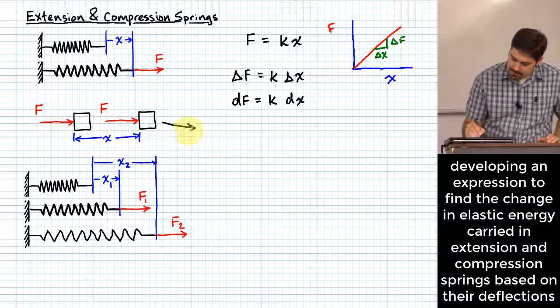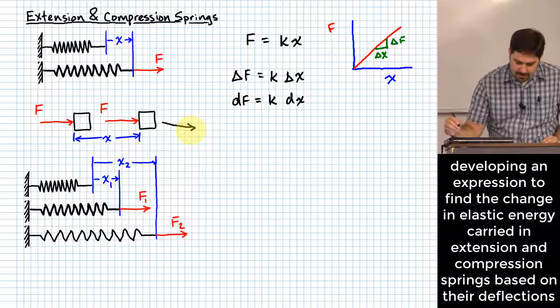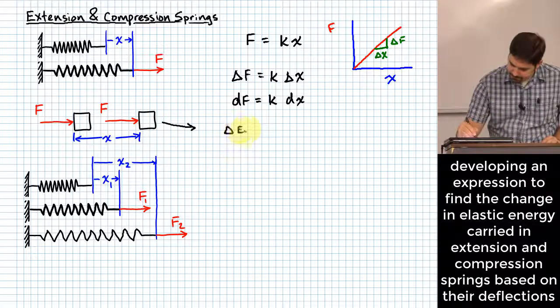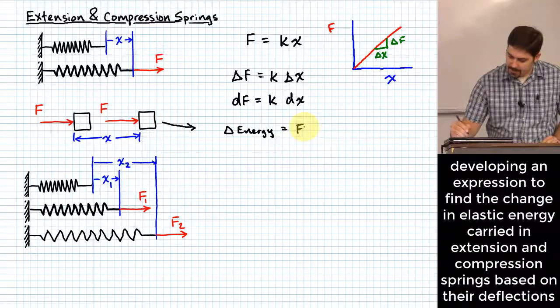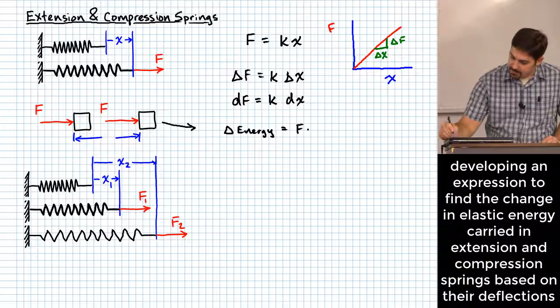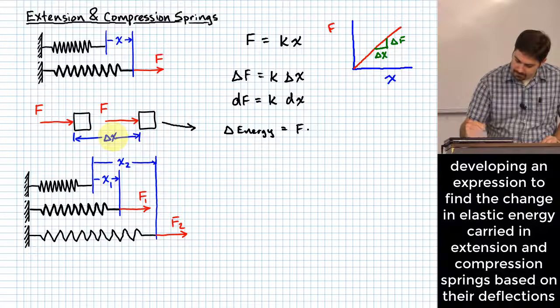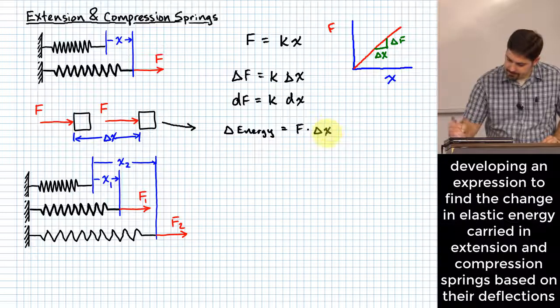So from this, our energy equation says that the amount of energy change in this case is going to be equal to F times X. Or in this case, I'll say this is delta X. So F times delta X here.